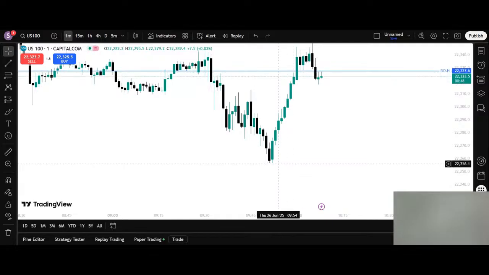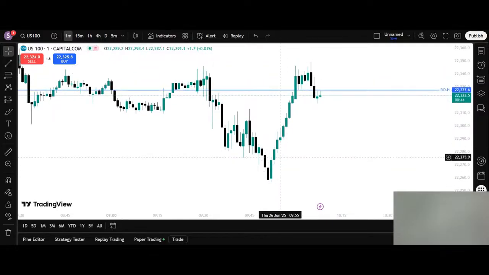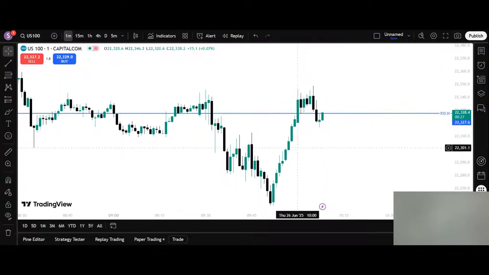This low is at 256, and we need to put our stop at least here at 273. That will still be considered a good stop, but I don't think price is gonna retrace all the way back there.